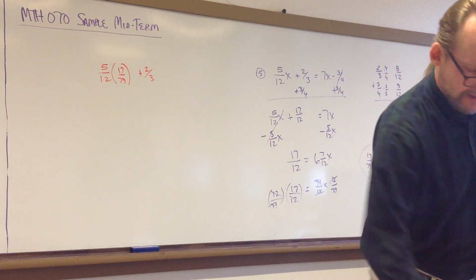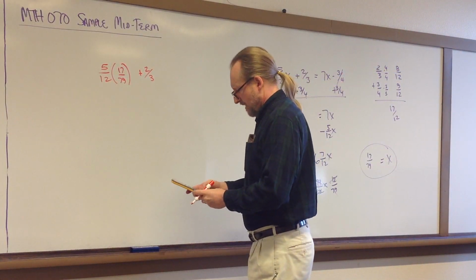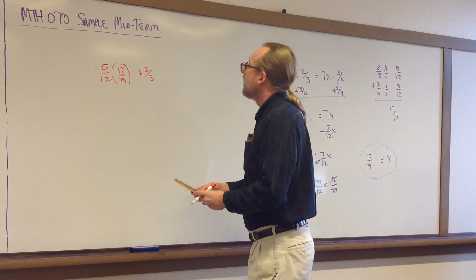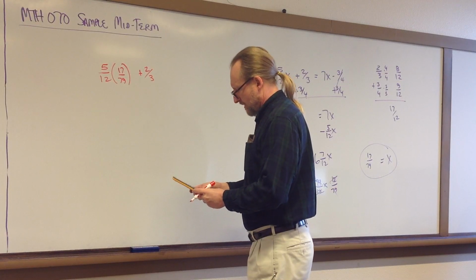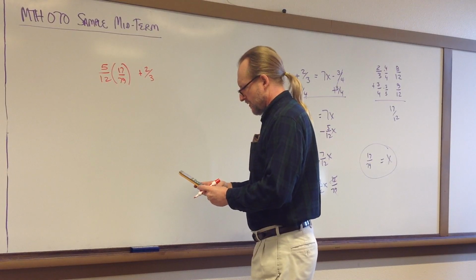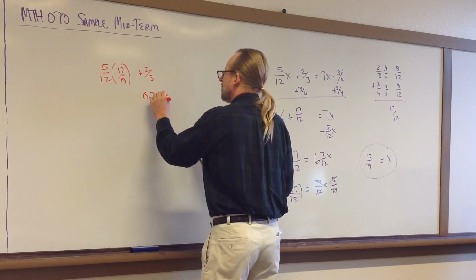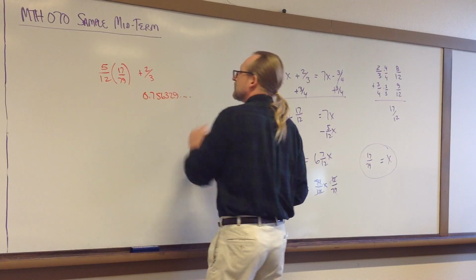I'm going to put these both in parentheses. What do we get? 0.756329, and so on.